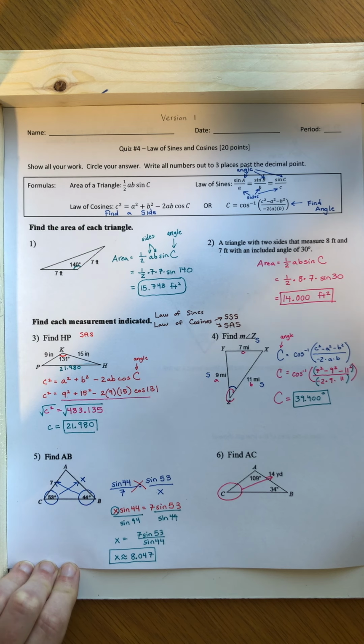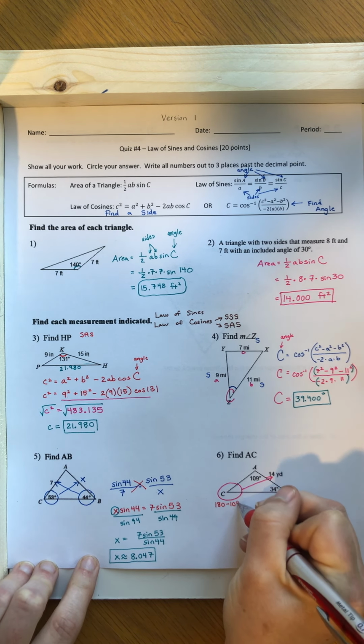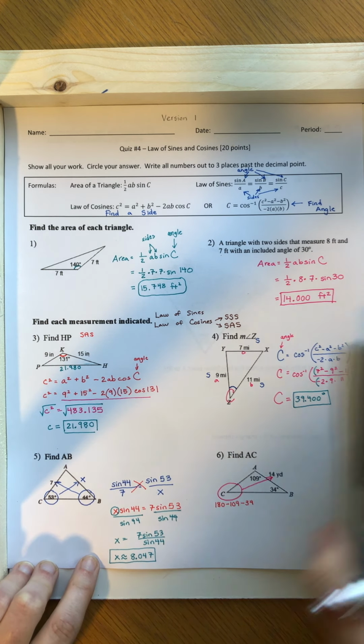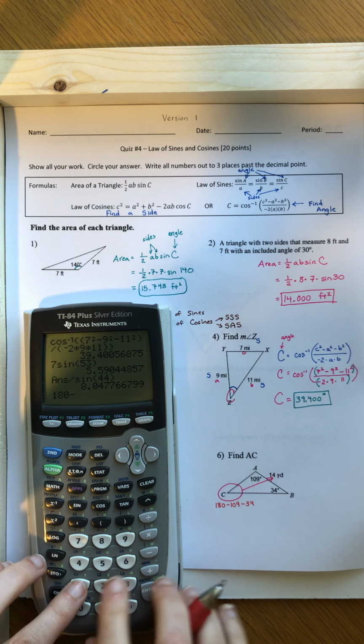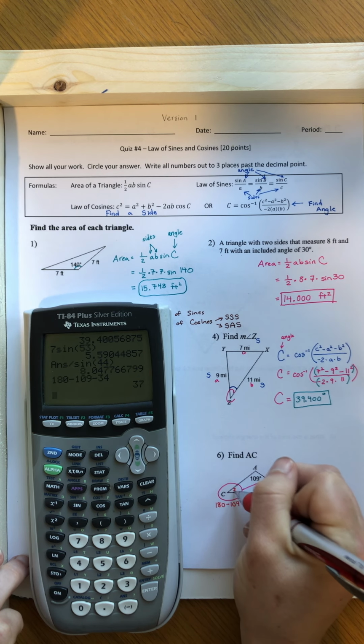Now you can find that angle by doing 180 minus 109 minus 34, because there's 180 degrees in a triangle. So you could do 180 minus the other 2 angles and figure out that this angle is 37.